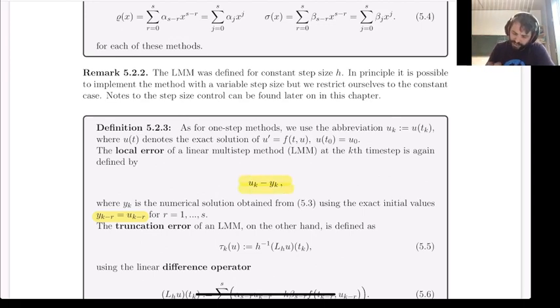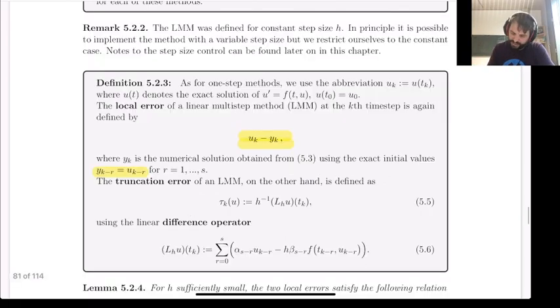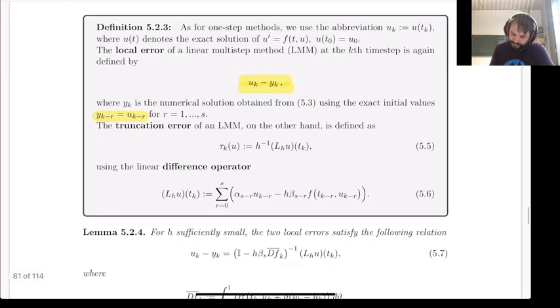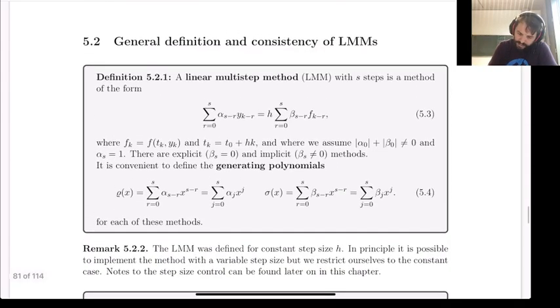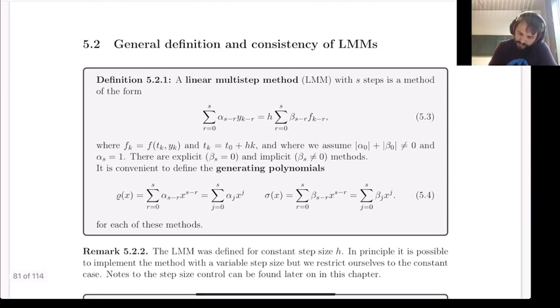And for the truncation error, if you look at the formula in 5.6 here, dividing this thing by h, so I put 1 over h here and cancel it on this side.